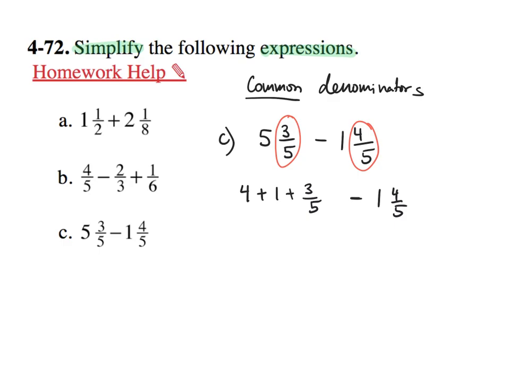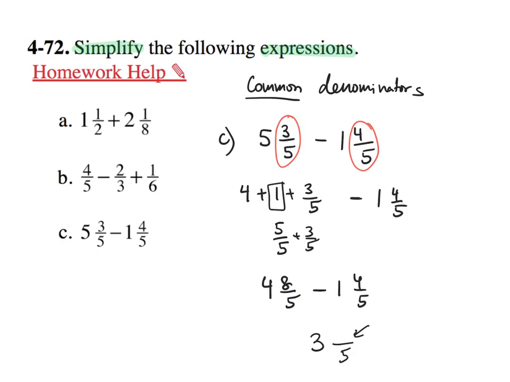The 1 will become 5/5 plus 3/5, so in this case it will be 8/5. So I have 4 and 8/5, take away 1 and 4/5. In that way, I could say 4 minus 1 is 3 whole numbers, and 8/5 minus 4/5 gives you something fifths. That's one strategy I like when I can do that.